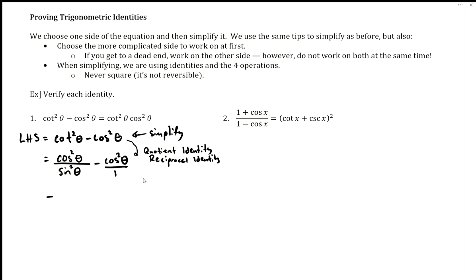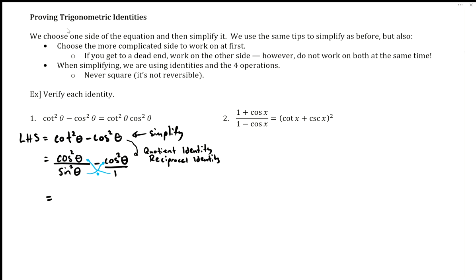Next step. I see I've got separate fractions, so I should get a common denominator. That means this sine squared of theta would times the 1 right there. Those combine, and then this one multiplies the top left, which isn't going to really change anything. But the sine squared of theta will multiply the top right.